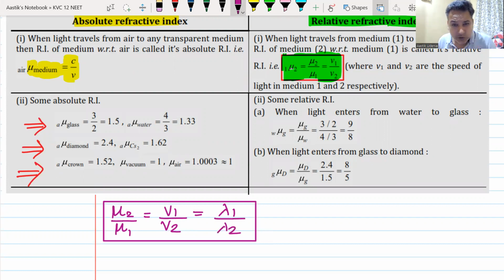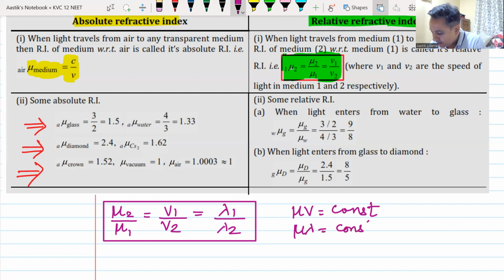We have seen that mu into V is a constant, my dear friends. So you can also remember this. Mu into V is a constant. They are not the same constant, so I cannot equate it here. At the same time, mu into lambda will be a constant as well. Do we understand this?